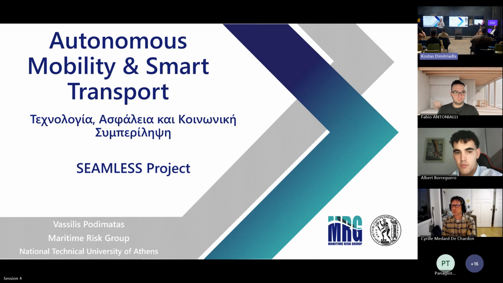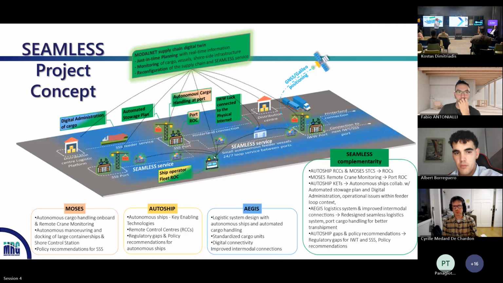Now, what I would like to share with you is a very important project, which is right now arguably the biggest project relevant to autonomous ships funded by the European Union, called Seamless. Here in this slide, you can see its concept, which I know can be a little bit too much.